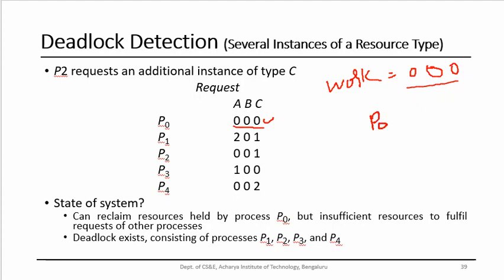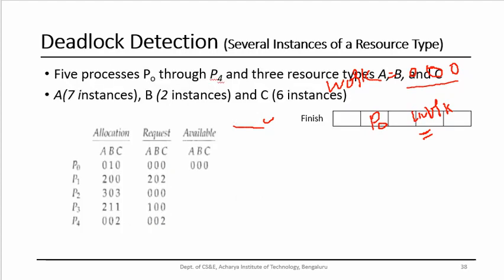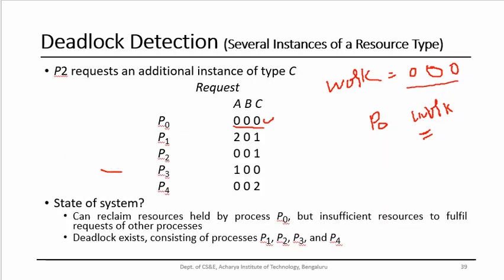Now we will take whatever resources we had allocated to P0 and add it to work. So work is equal to, we have to see what was allocated to P0. Let us go back to the previous slide and see what was allocated to P0. It was 010. So 010 has to be added to work. We'll come back here. Now work becomes 010.